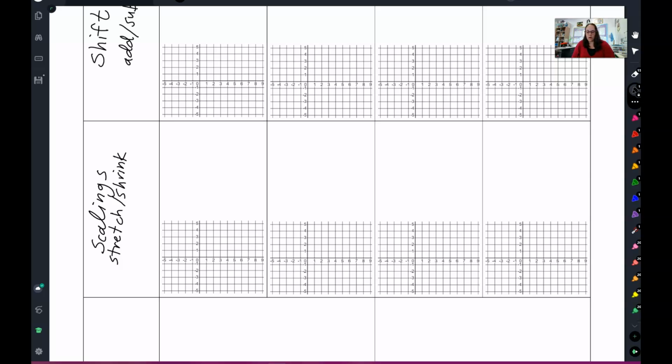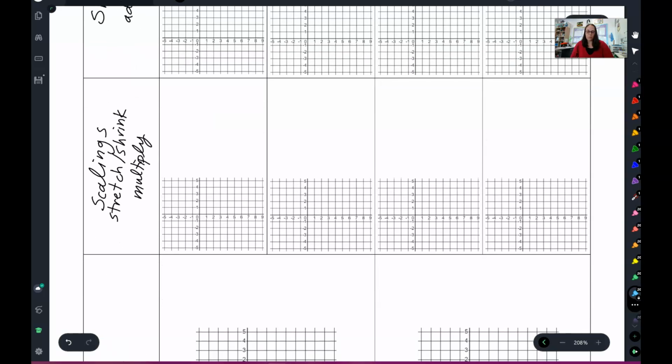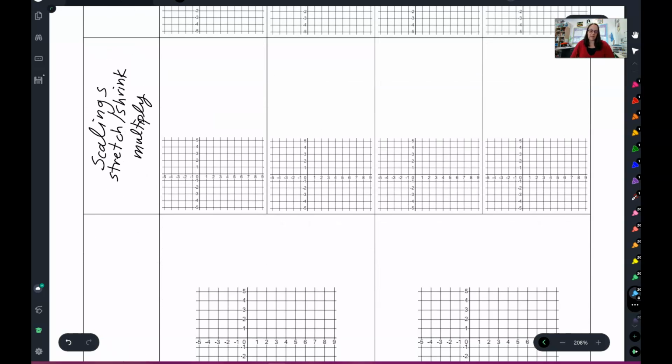And scalings always happen when you are multiplying. So if I come up here and use some blue, I'm multiplying by 1/2. That's a scaling. I am multiplying by 2. That's a scaling. Anytime we're multiplying by a number, those are scalings.